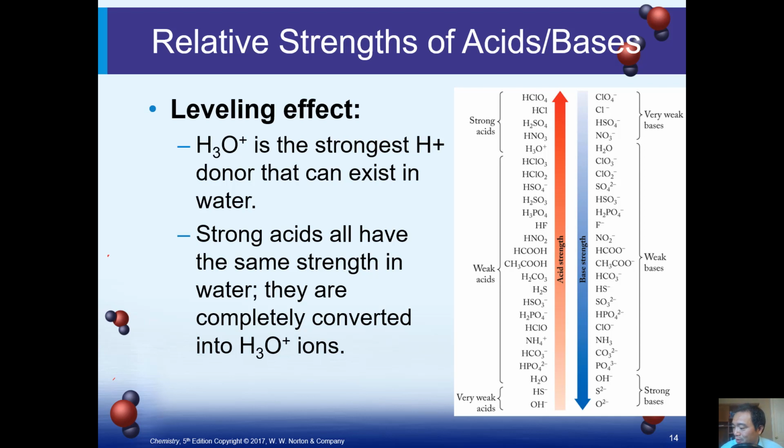So let's look at this situation. For example, you have HCl, all right, you react with water, okay, so then you're gonna go to the right side 100%. So basically what this tells you is this is 100% going to the right side, okay. So chloride has no chance to pick up one proton from the solution to become HCl, okay.